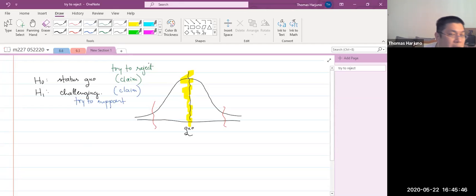You will see that when the claim is with the null hypothesis, the word they use is reject. We try to reject the status quo. But if the claim is with the alternate hypothesis, we try to support the challenging one.